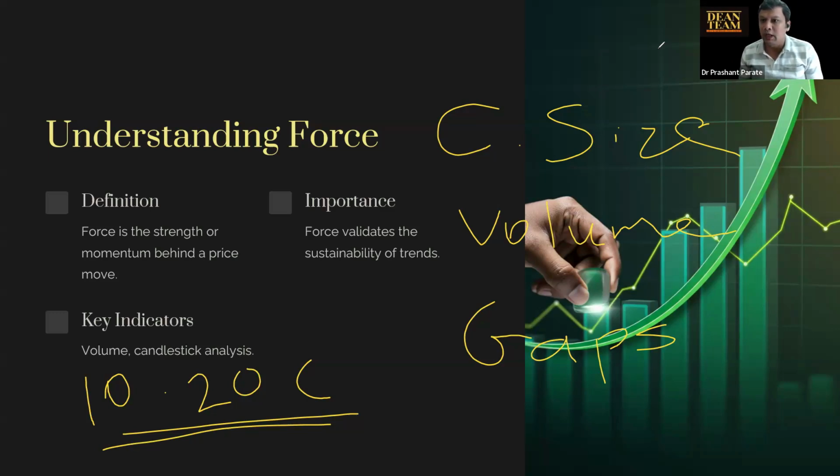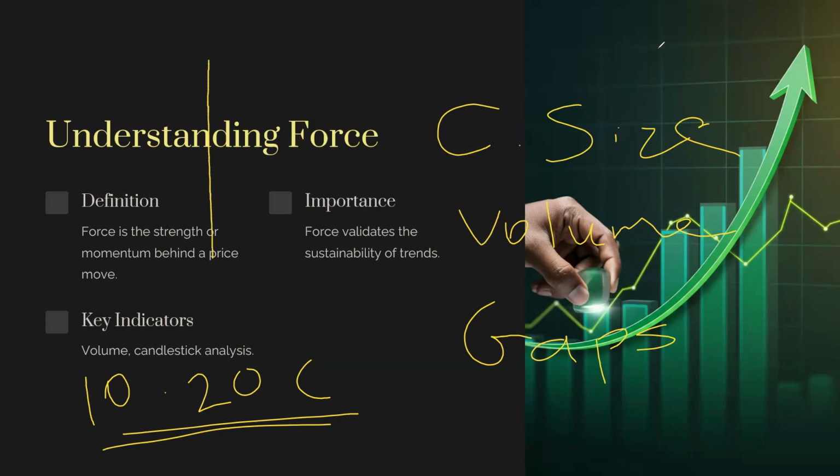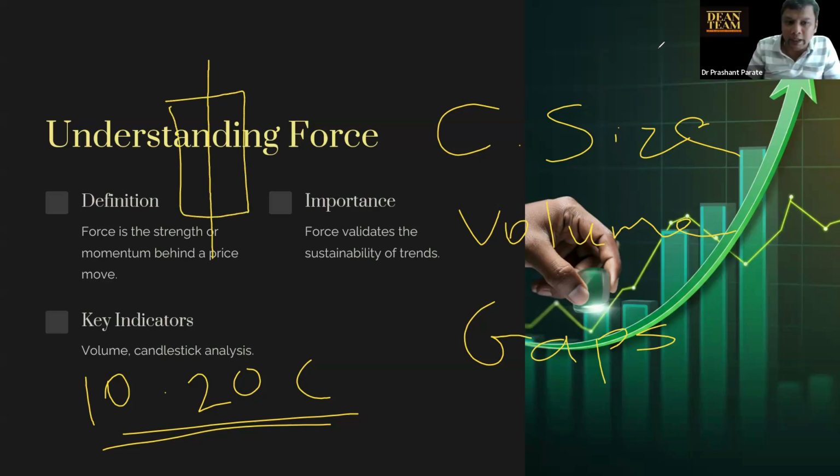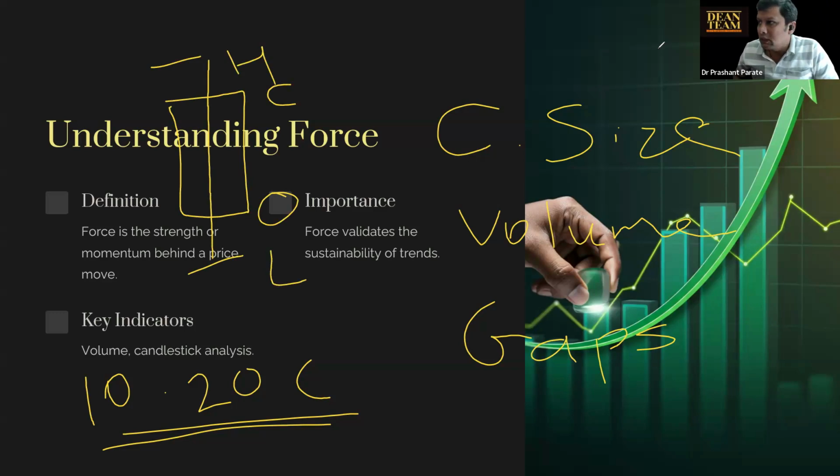So Hetal sir, what is a candle size? We consider the body of the candle. This is a candle: top wick, high, low, and suppose this is open, this is close, this is low, this is high. What is the candle size here?